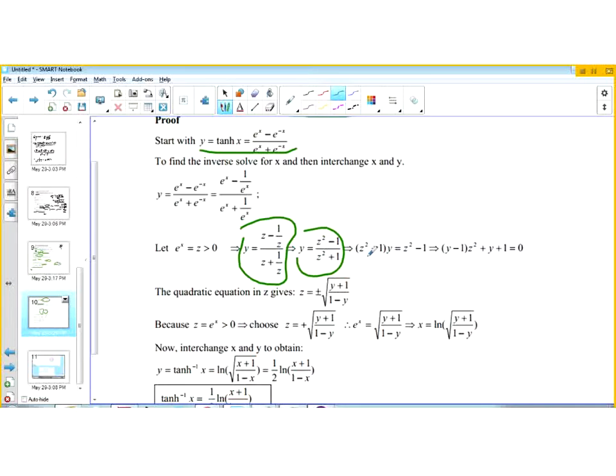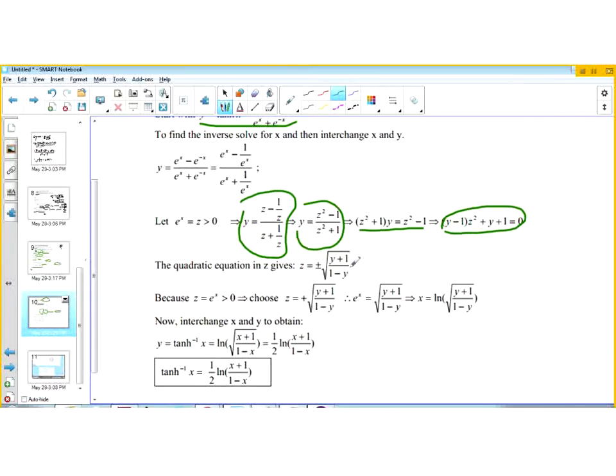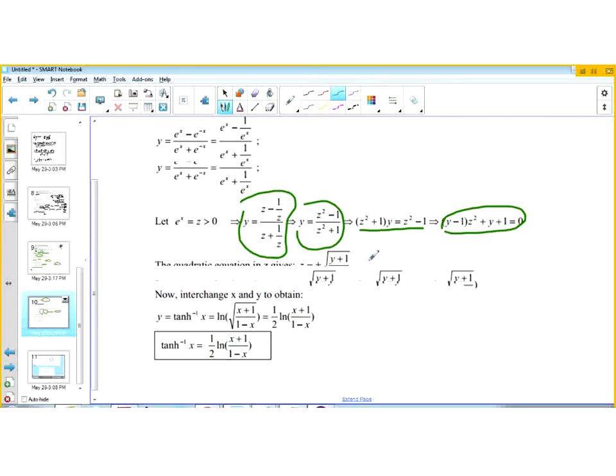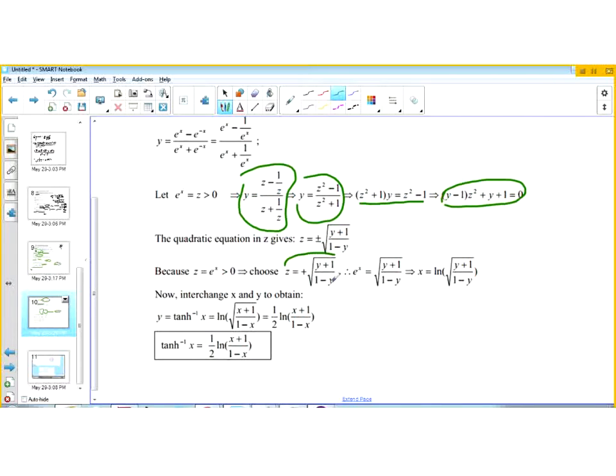Now all we have to do is algebraically solve for z in terms of y. Here we have a quadratic in z in terms of y, so we use the quadratic formula, and we get z is equal to this quantity. We reject, of course, the negative quantity, so z is equal to this.